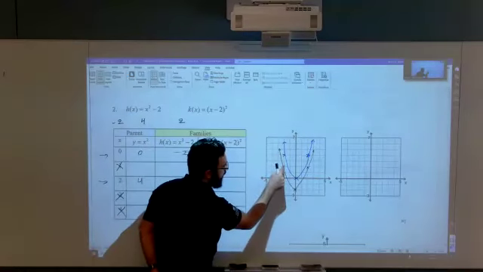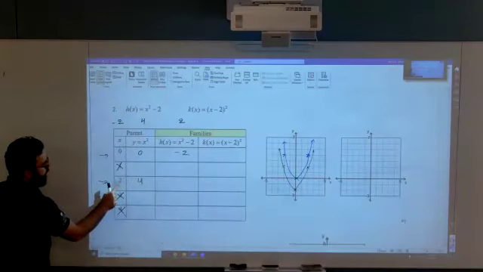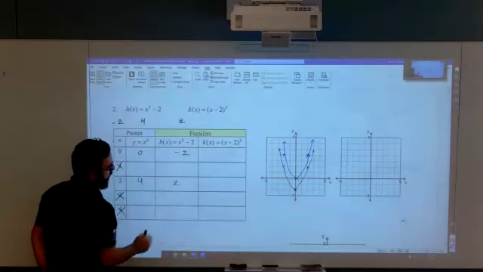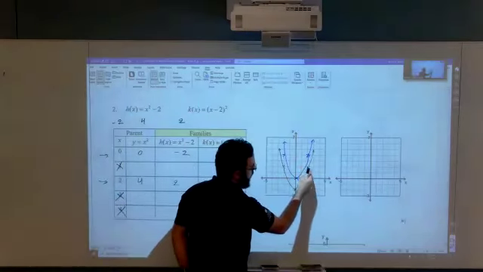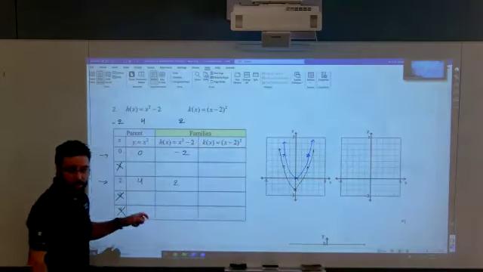So this point shifted to this location. For 2, 4, plug in the 2 here, 4 minus 2 is 2. This point is shifted where? Here's the new graph. You got it?